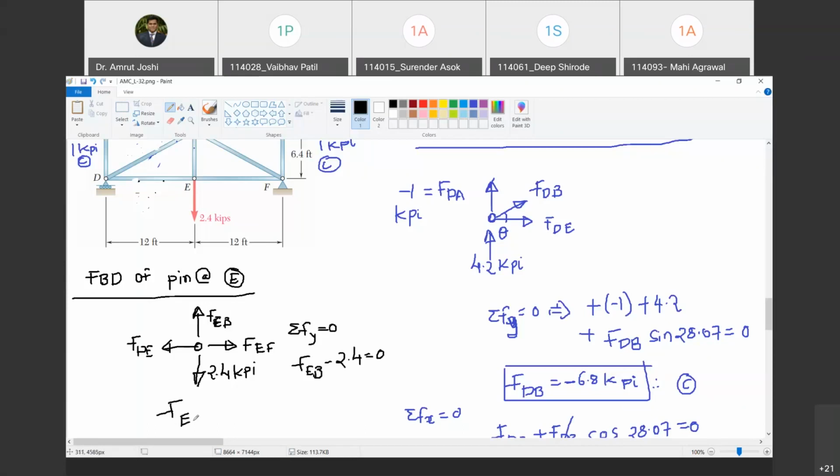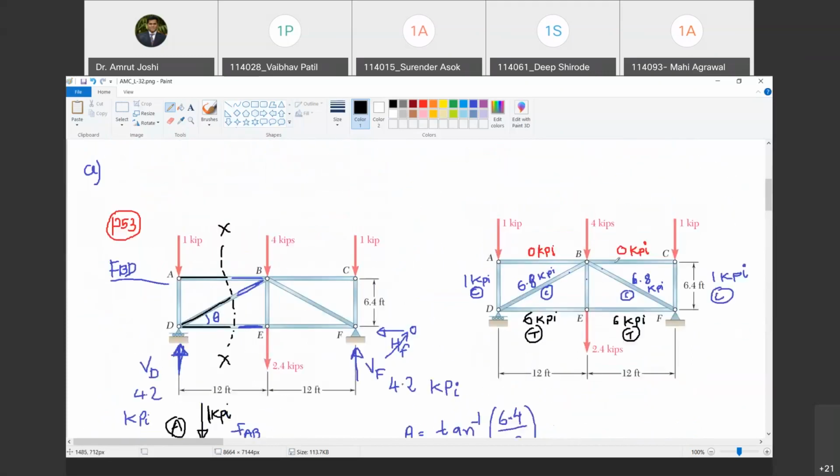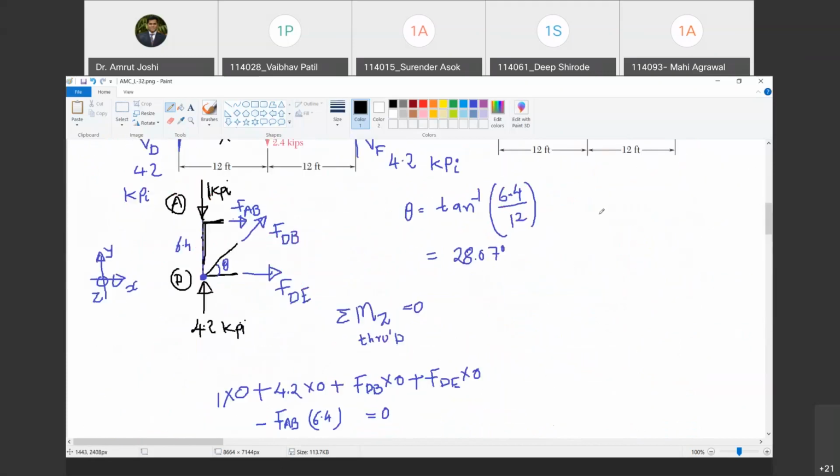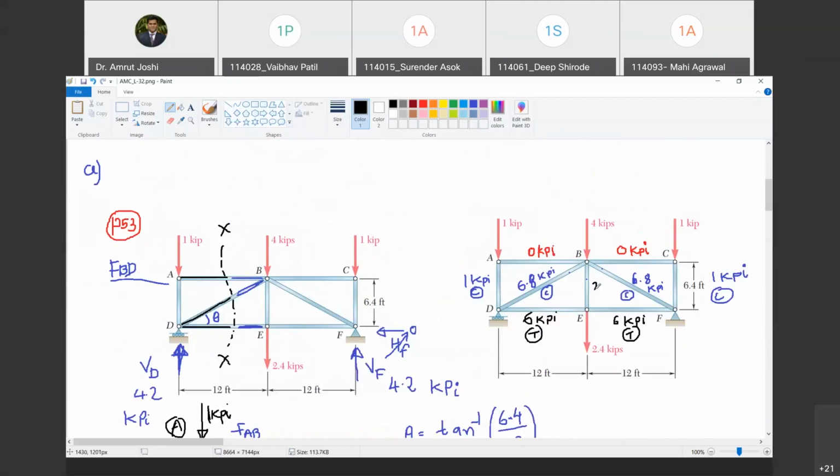FEB turns out to be plus 2.4 kpi, and therefore it is tensile. So therefore, let me show that force here. It is 2.4 kpi and tensile. So have we found out forces in all the members?